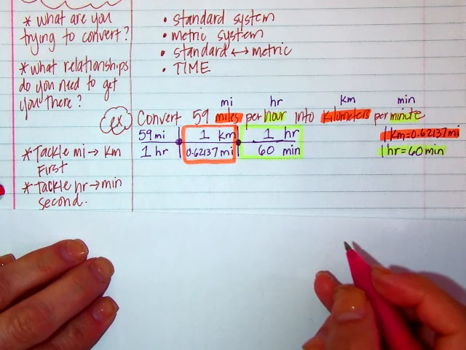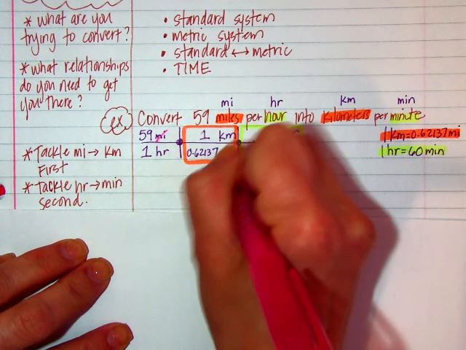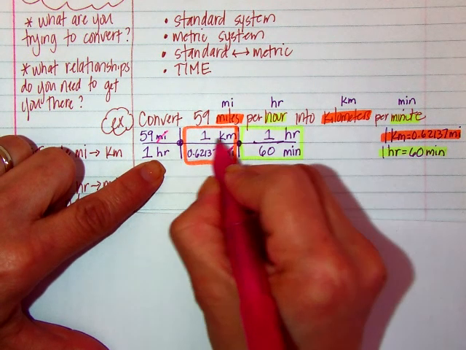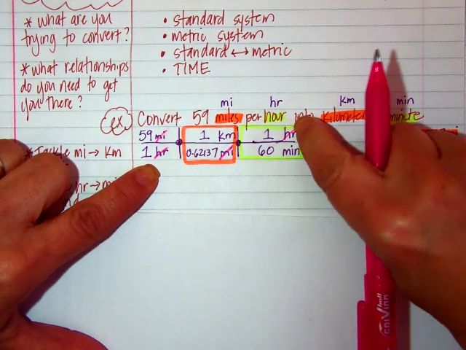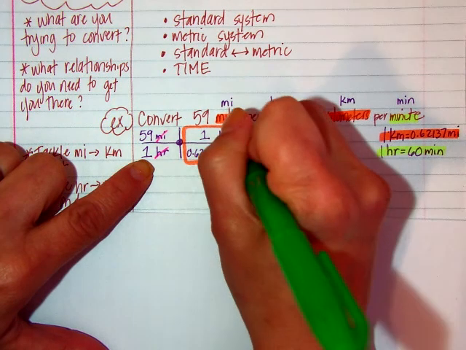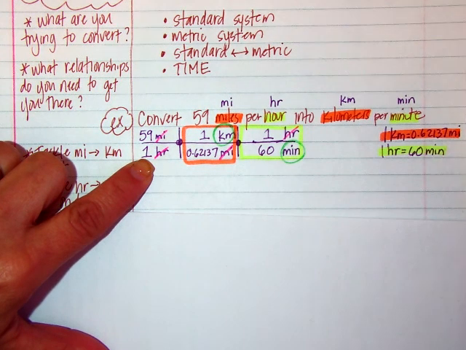Now I can, with confidence, cancel out miles. And I want to get rid of hours. So hours, if I look for the label, hours should be at the diagonal. So ultimately, we're looking for kilometers over minutes. Those are our new units now.